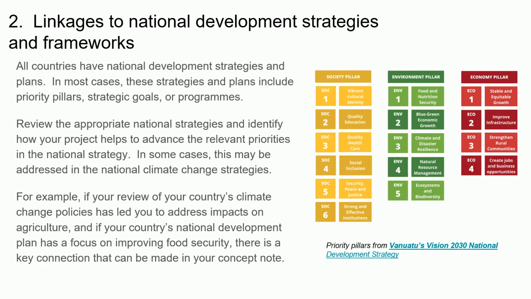So for example, if your review of your country's climate change policies has led you to address impacts on agriculture, and if your country's national development plan has a focus on improving food security, well, there's a key connection there that can be made in your concept note. Make sure that you point those things out. The project described in this concept note will advance both the National Development Plan priorities for agriculture and the agriculture sector priorities.